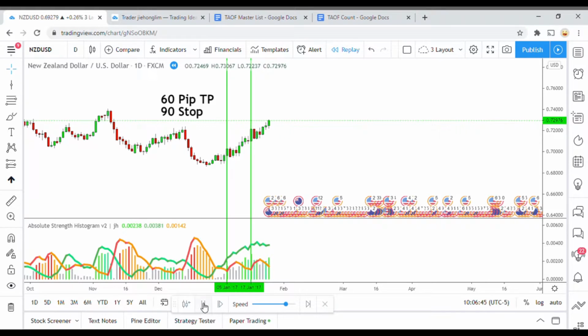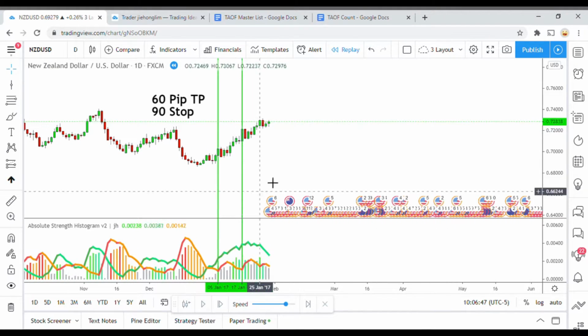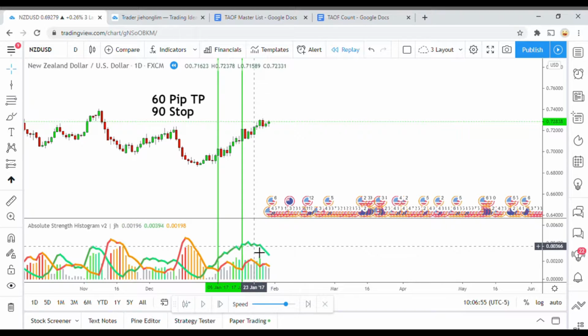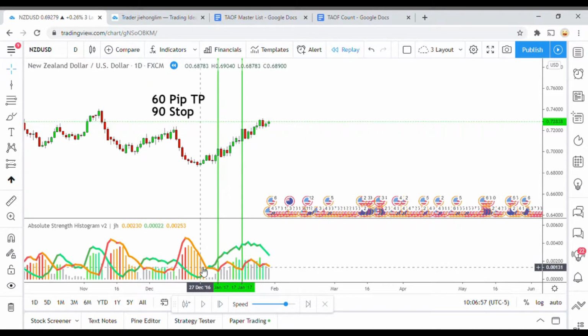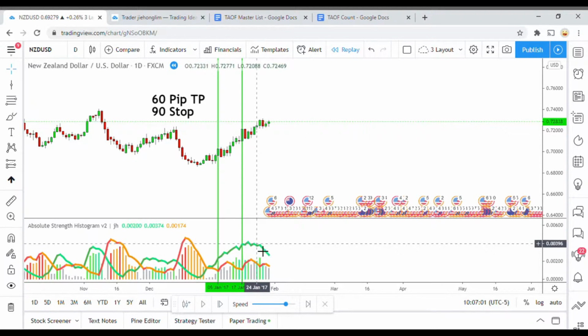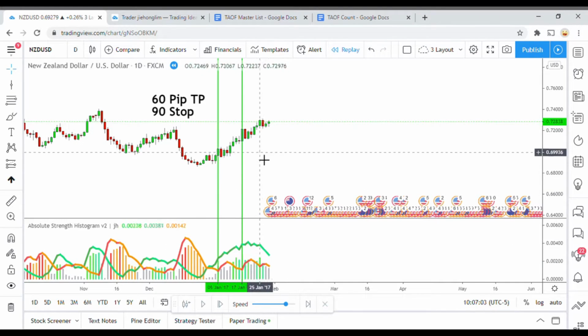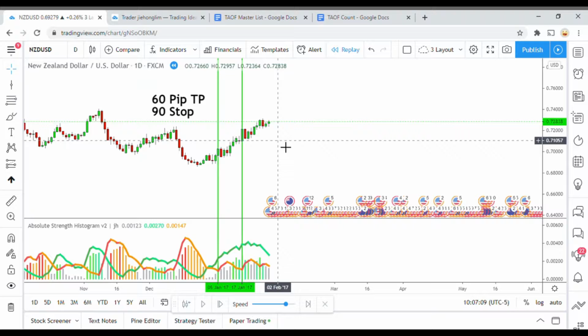Let's see. So now looks like price action is starting to roll over a little bit right here. This is interesting because I definitely want to make sure we're trading this accurately, but I feel like that was really late in the move.